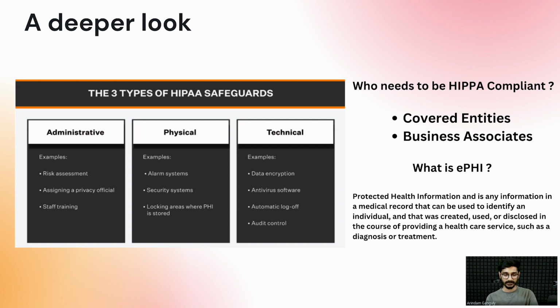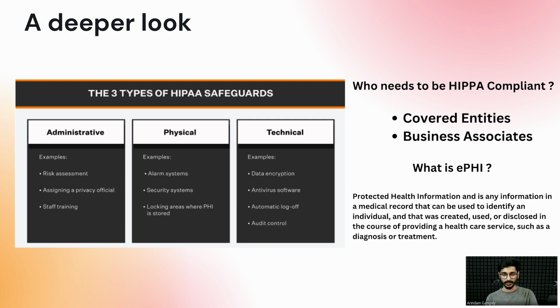The physical safeguards are very obvious: an alarm system, a security system, locking the files or the areas wherever your information is stored. And the technical one is what we have discovered and are going to talk about today. Examples of technical HIPAA safeguards are data encryption, antivirus, automatic log off, and audit control.